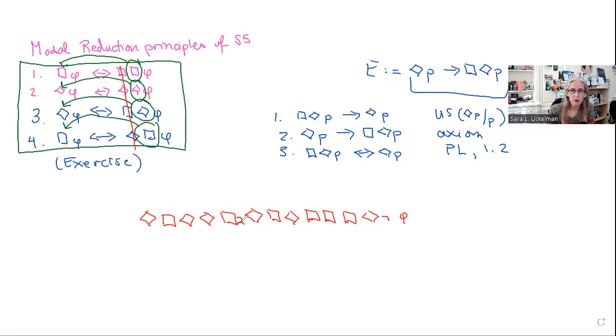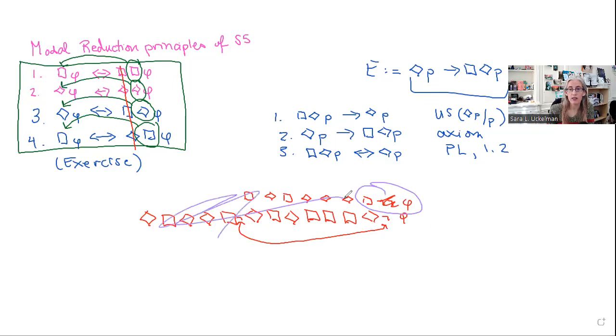Once you've dealt with all of the negations, driven them through to the other side, so we would change the boxes for diamonds, and we do all of our ordinary reduction things, and then we've got two negations and they cancel out. What the S5 modal reduction principles say is that the only one that matters is this one, and we can just cut down all of these other things.